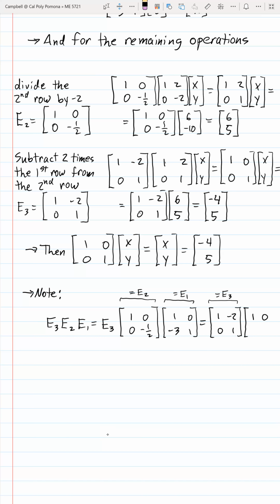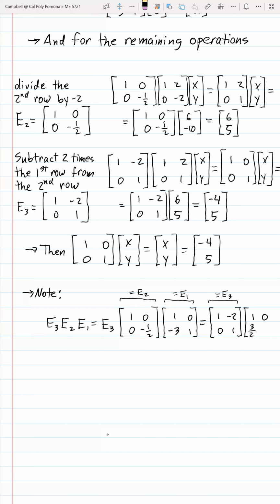We have negative 3 times 1 is negative 3. Oh, sorry. I'm getting myself messed up. There we go. We have the second row of E2, 0 times 1 is 0. We have negative 3 times negative 1/2. That's just positive 3/2. There we go. And then last but not least, the second row of E2 times the second column of E1, we get 0 times 0 is 0.